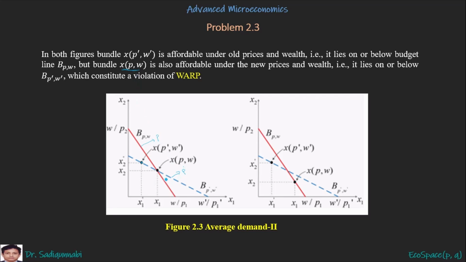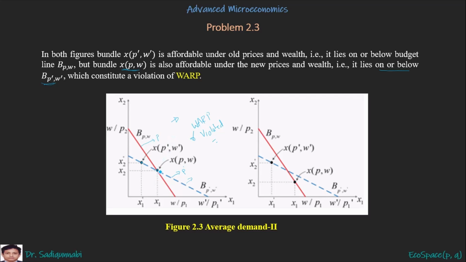If it is affordable, that is, if it lies on or below the new budget, the dashed line, then we can say that WARP is violated. Okay, this is for this panel, the left hand side graph.